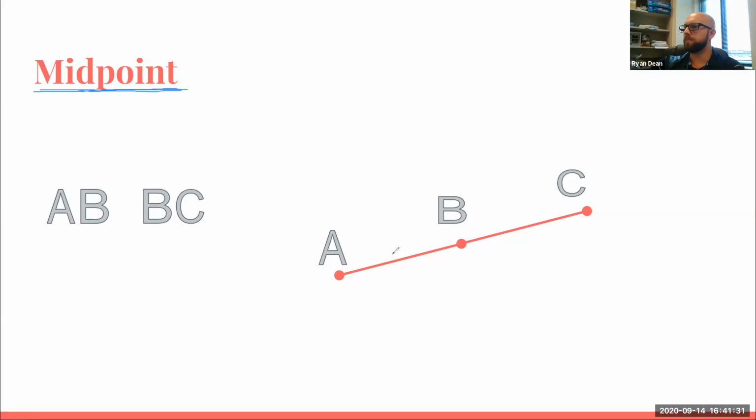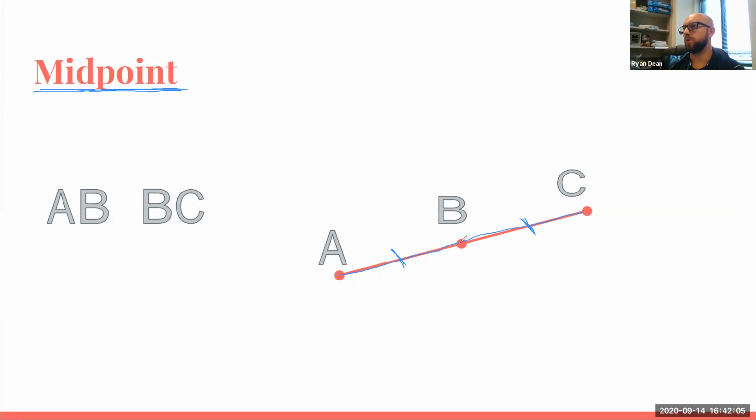So right here, if I were to draw these two straight lines like this, pretend that they're straight at least, what I'm saying is that AB, going from A to B, is the same distance as going from B to C. So these little lines tell us that segment AB is the exact same length as segment BC.